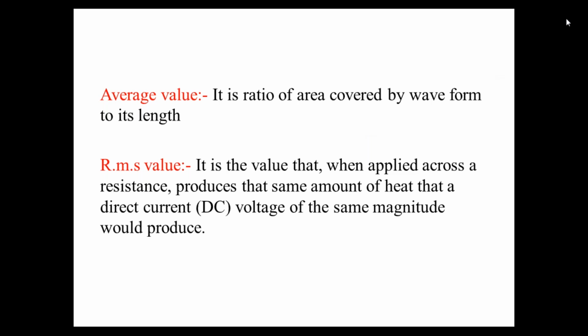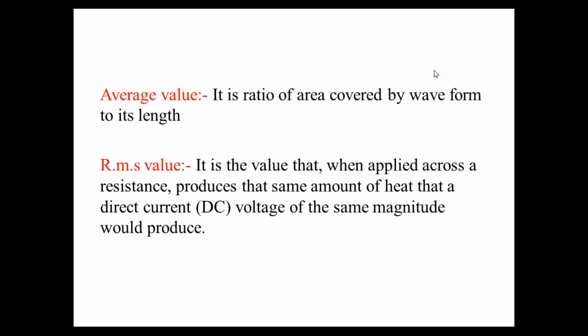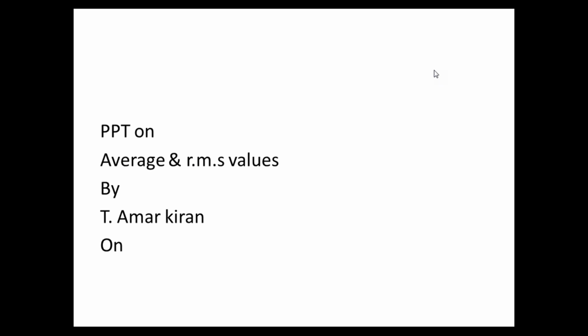To learn this topic also. Now, this is part of your first part of your fourth unit. That is the calculation of average value and RMS values of different waveforms.